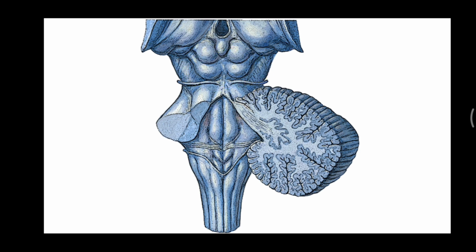On the dorsal surface, the tectum of the midbrain consists of four rounded elevations: the superior colliculi and the inferior colliculi. The colliculi are separated from one another by a cruciform sulcus.